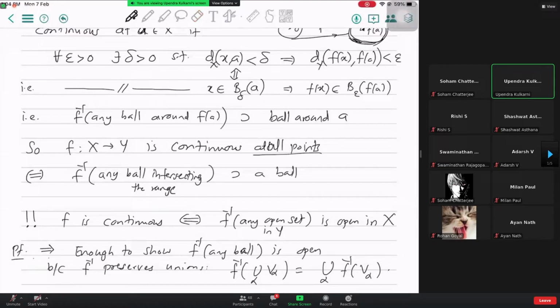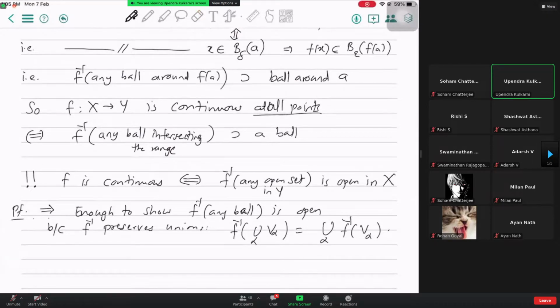So it is enough to show that the inverse image of any ball in Y is open in X, assuming that the function is continuous. And we already observed that if the inverse image of the ball is empty, then we are done. But in general, why is this the case?